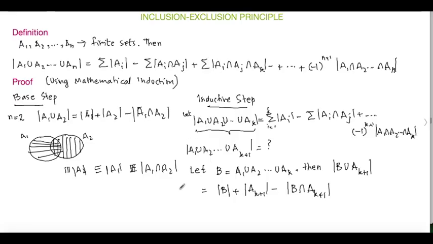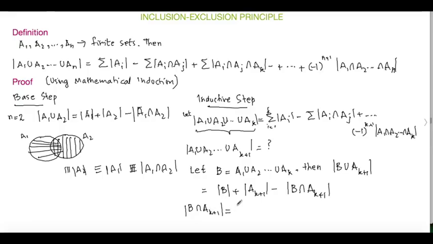Now what we want to write is B intersection AK plus 1.